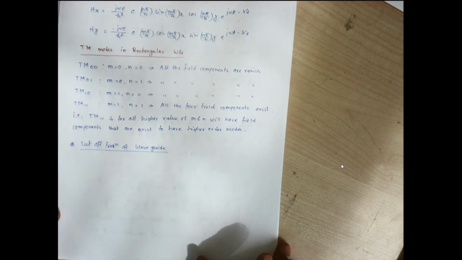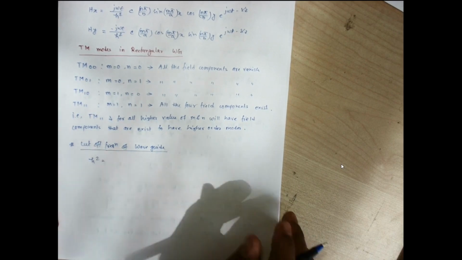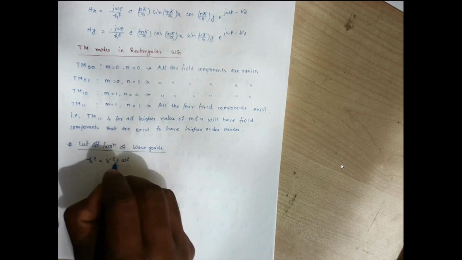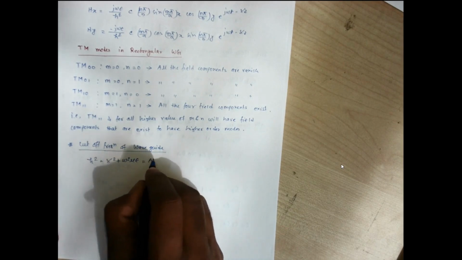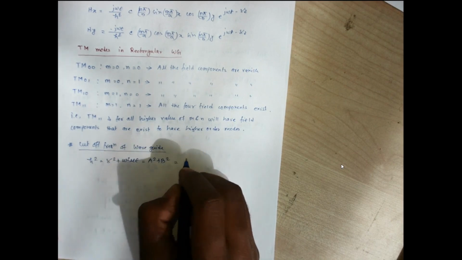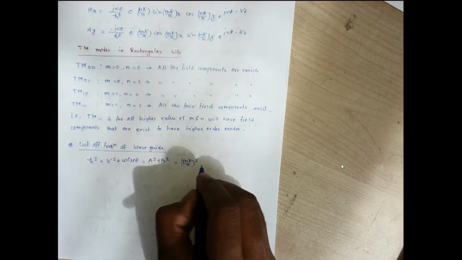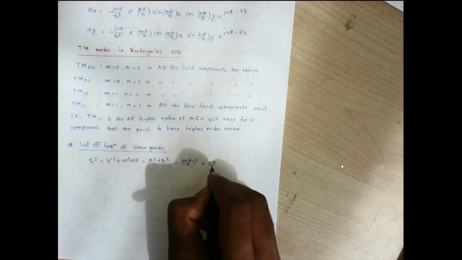So what we have found is that h square is gamma square plus omega square mu epsilon. In the second class we have seen this. Now while solving for Ez, we found this h square is again a square plus b square, and this is m pi by a whole square plus n pi by b whole square.